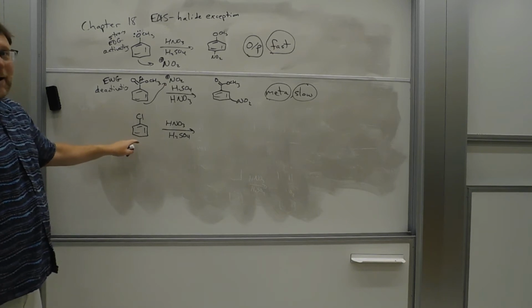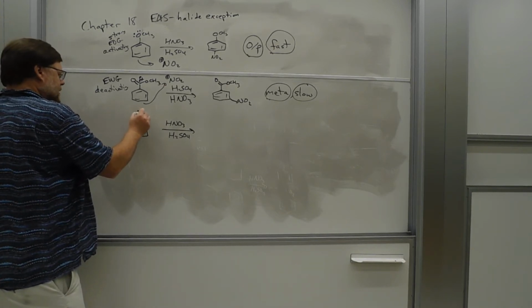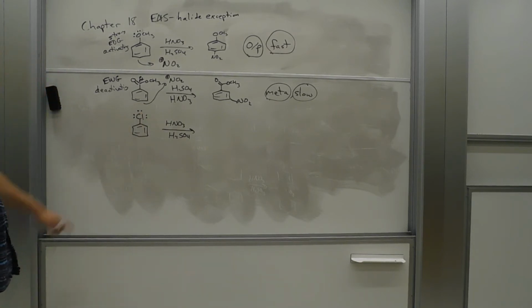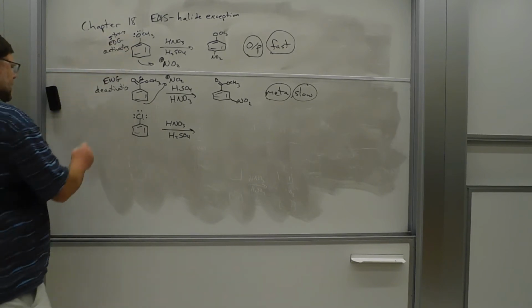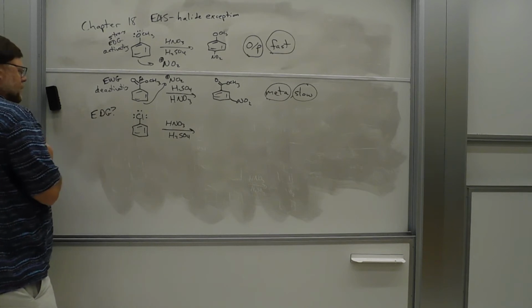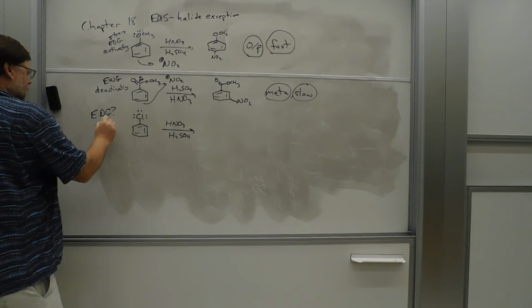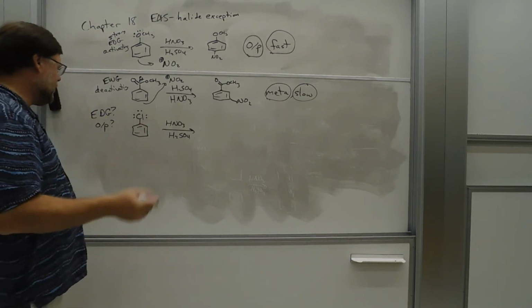All right, so what about a halide? So if we look at this, chlorine's got 3 lone pairs. That looks like methoxy. So you might say electron donating, and then you would say ortho-para. But I've said this is an exception, and so you're probably sitting there wondering, or you've looked at the book.